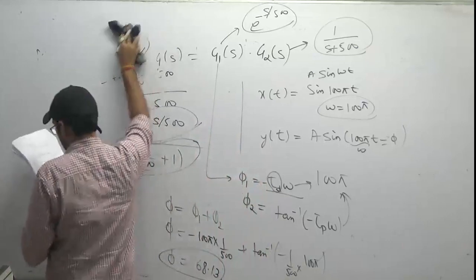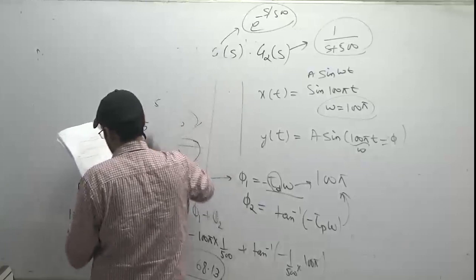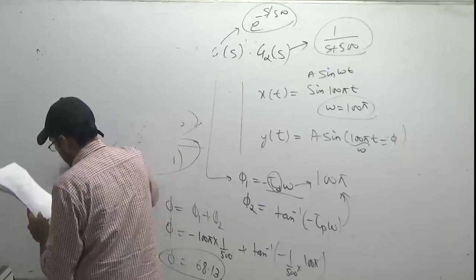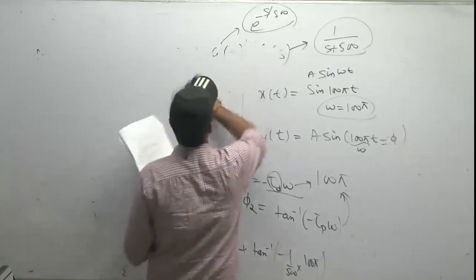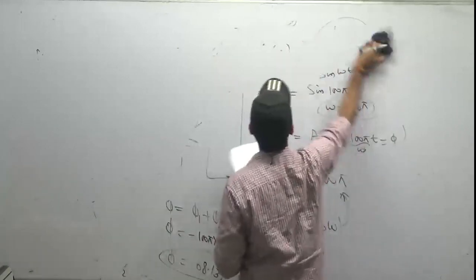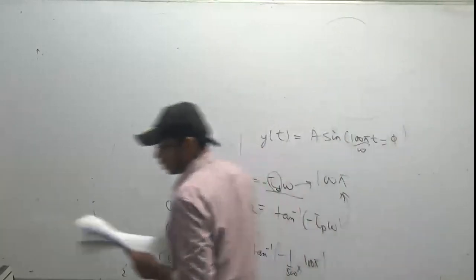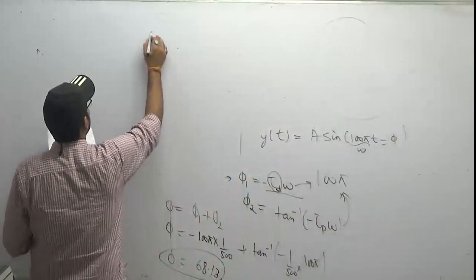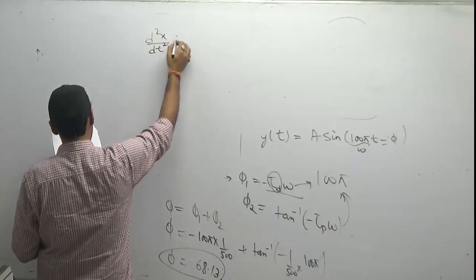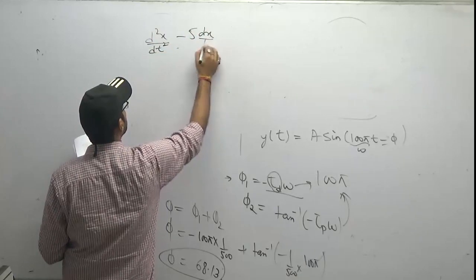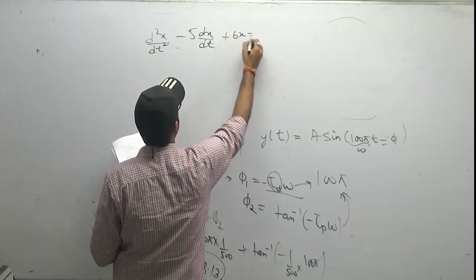Coming to question number 36. They are saying for the ordinary differential equation given as d square x by dt square minus 5 dx by dt plus 6x is equals to 0.